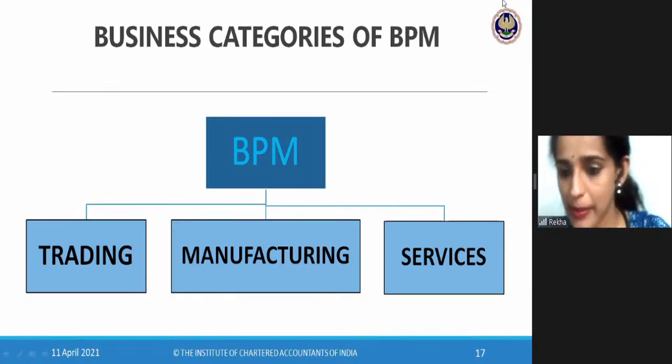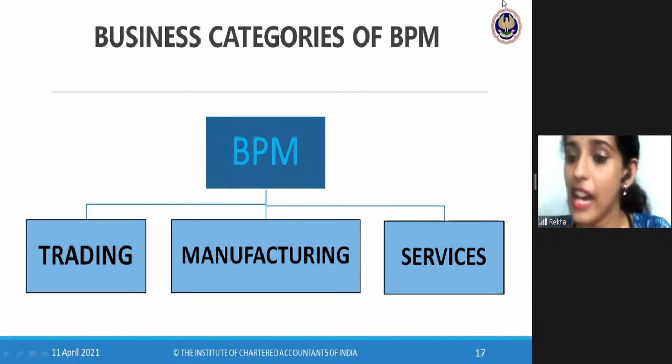I told you the ERP system will have a single database and a modular design. Modular design means they'll have different modules, right? Different modules will be based on the nature of the business. Say if it is a trading concern, a manufacturing concern, or a service providing concern, depending on what they are providing, they'll have the modules accordingly. They need not have all the modules, right?